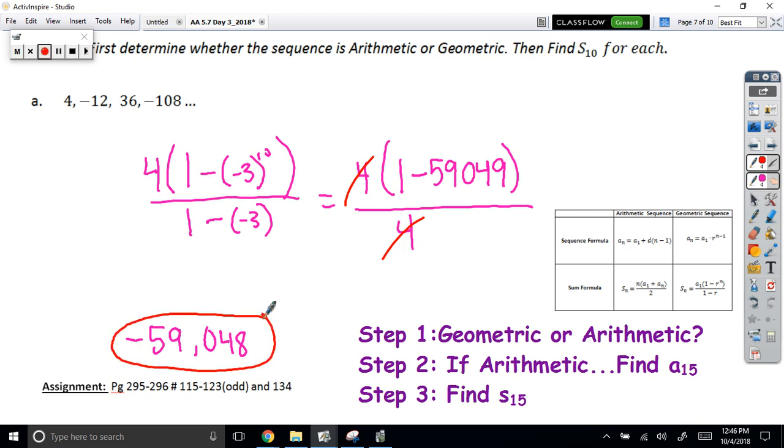I wonder if you did the positive thing then. No, actually, when I typed it in my calculator, I put parentheses around it and I put 1 minus a negative 3 in parentheses. It should still work.